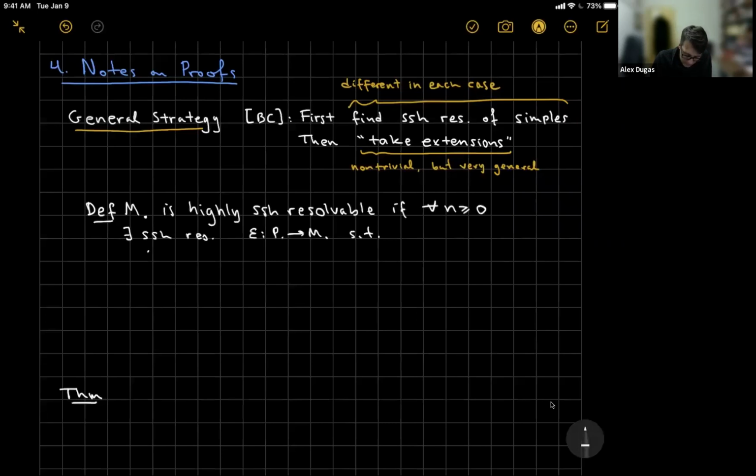such that if we look at the cone of epsilon and take its homology, this is 0 for all i less than or equal to n.